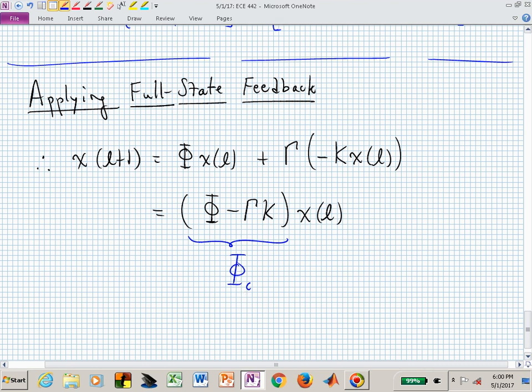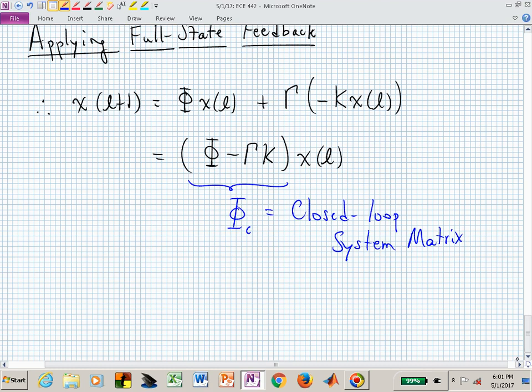We know phi, we know gamma, and we know K. Phi sub c is just going to be a 2 by 2 matrix, 4 elements that are specified. This is now our closed loop system matrix, as opposed to the open loop system matrix, which was just phi. Now we've changed the dynamics of our system. It will now shake differently.